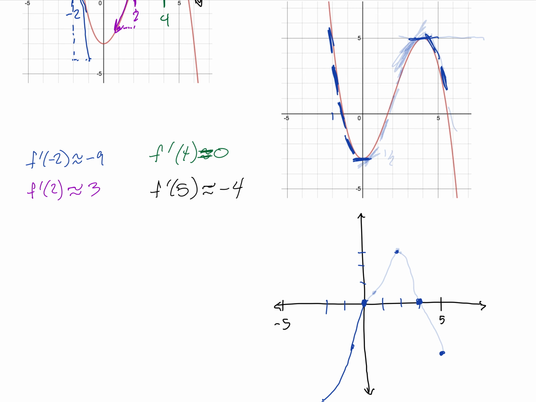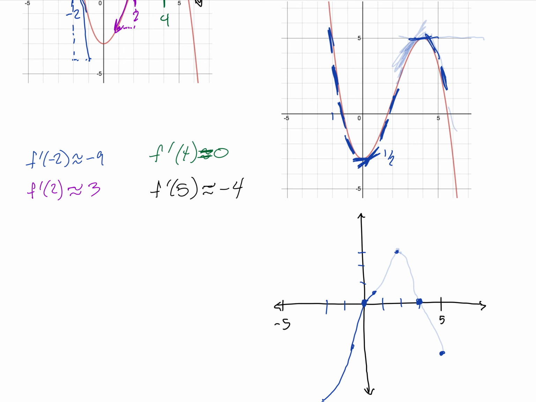Now after x equals 0, we see that we have a small positive slope to begin with, and then it becomes a larger positive slope. So here maybe it's like 1/2. So it's becoming a small positive number, then a large positive number.